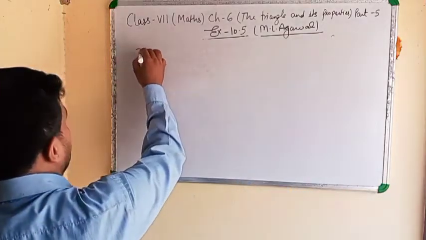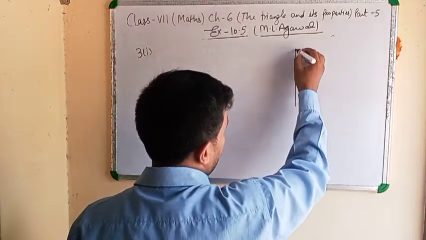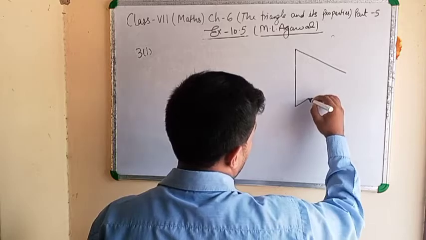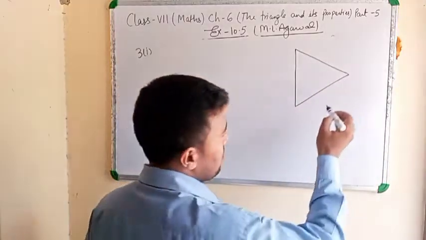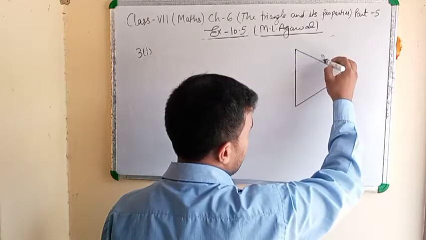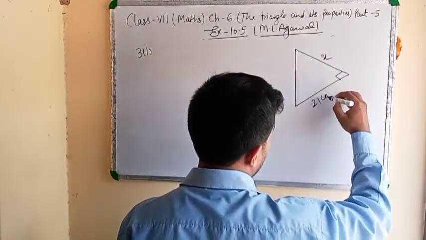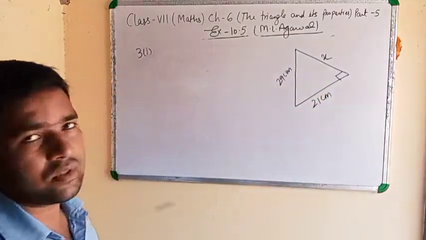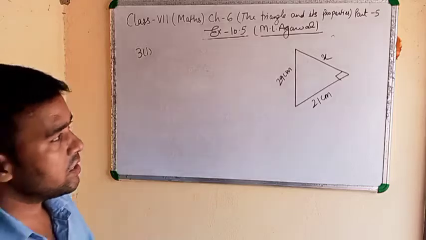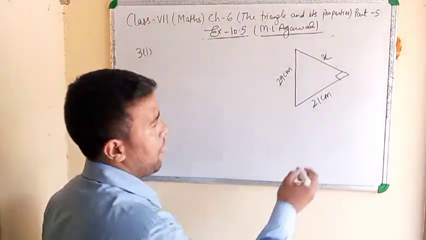Third one. Figure is given. It is a triangle. Clear? It is a 90 degree. X, 21 centimeter, 29 centimeter. Clear? We know that in front of the 90 degree is the hypotenuse.